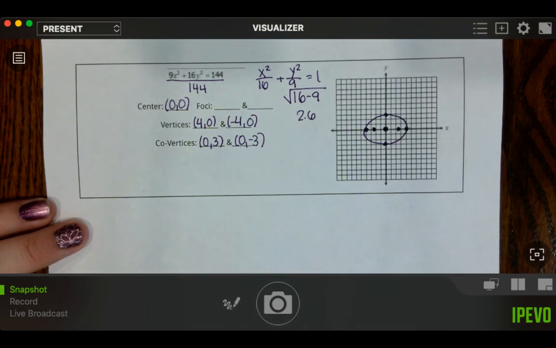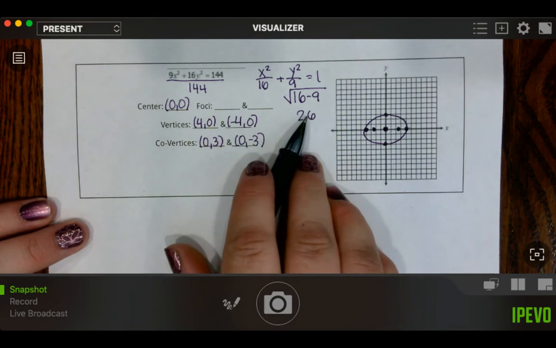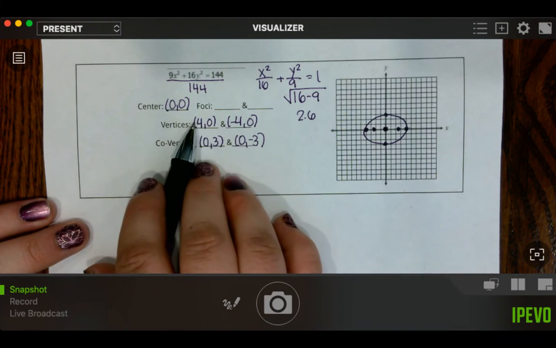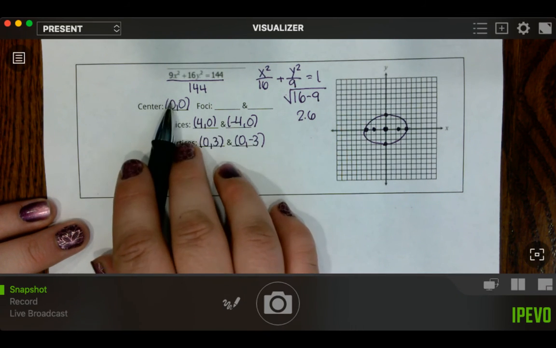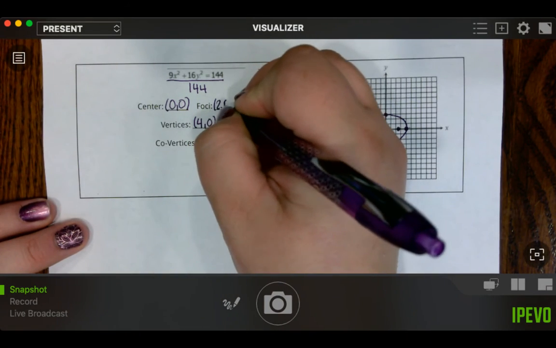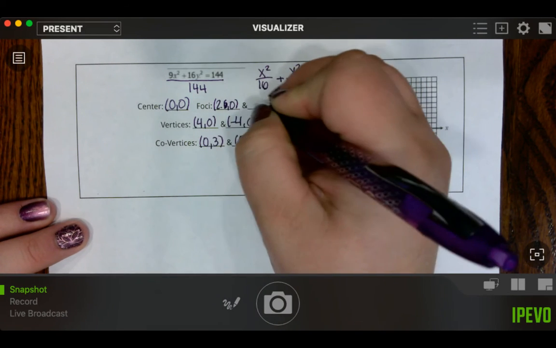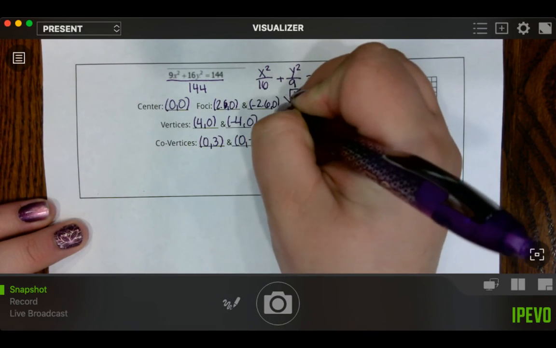So this time you can actually see the foci in the middle. If I add and subtract 2.6 the same way I did this 4, so it should be changing the same number you did on the vertices, that's going to be 2.6, 0, and -2.6, 0.